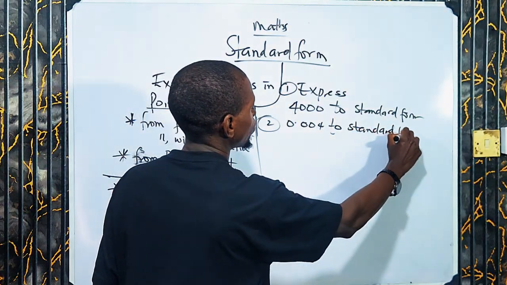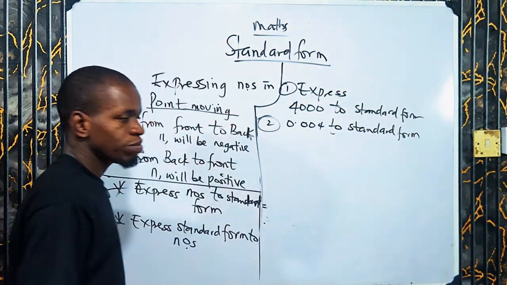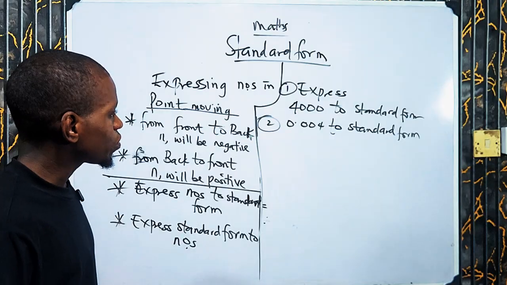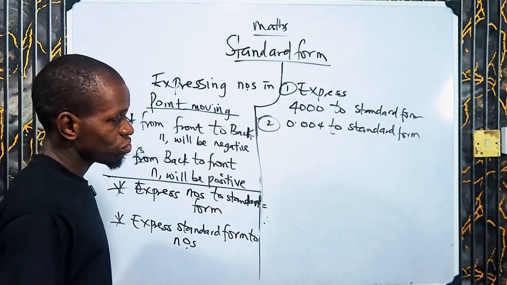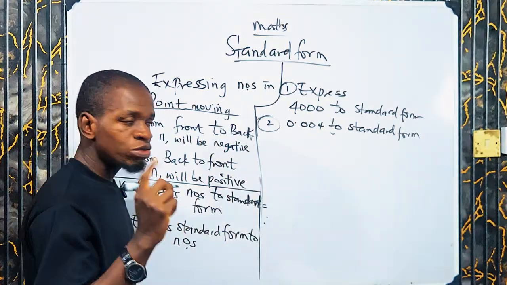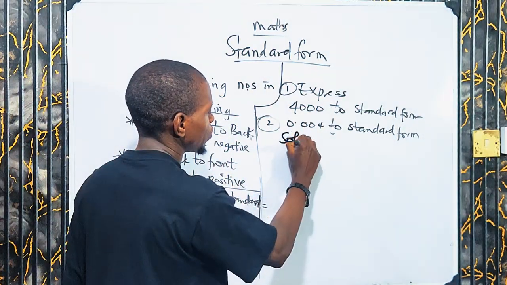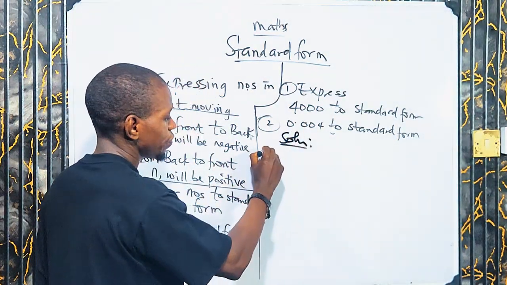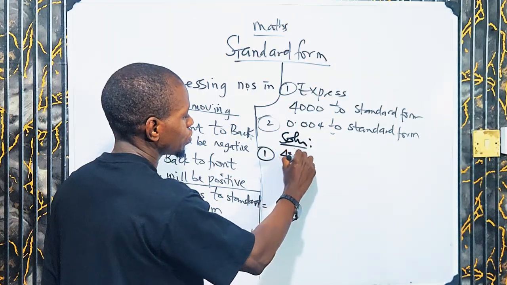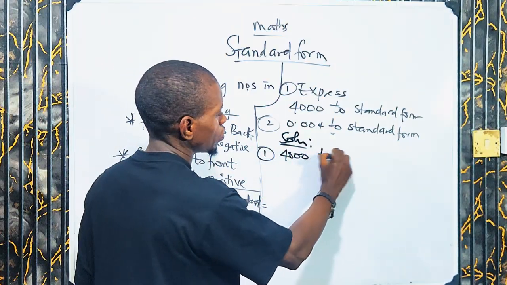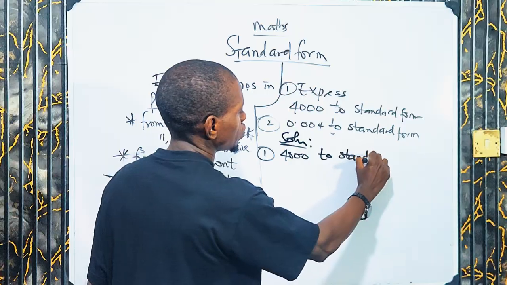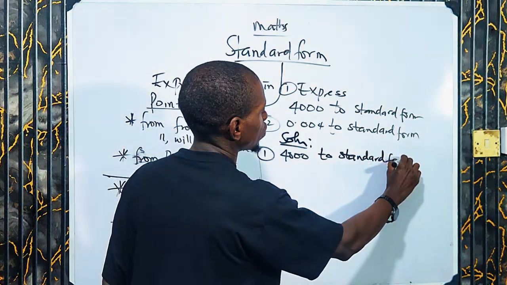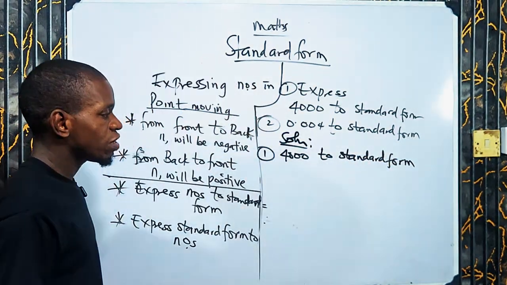How do I express both of them to standard form? Let's start from the first one. I have my solution. The first one says we should express 4,000 to standard form.